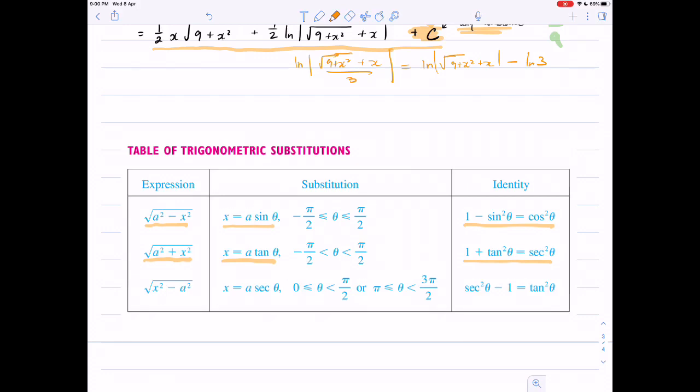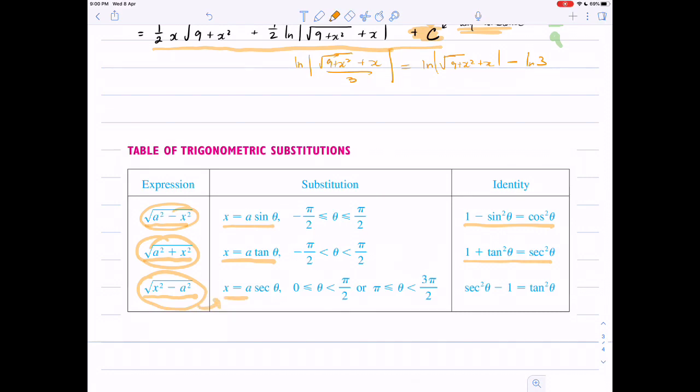So the one example that we have not done but works exactly the same way, and you will get a chance to practice this, is when you've got x squared minus a squared, right? So notice the difference in the forms. A squared minus x squared, a squared plus x squared, x squared minus a squared. Depending on the form you have, you make a different substitution.